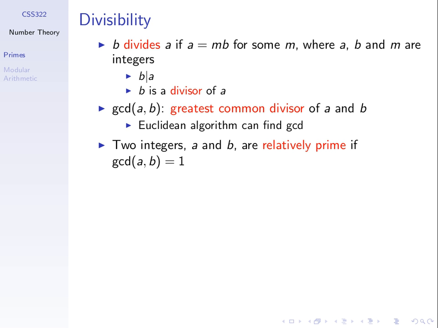Let's stop there. 7 and 1, the greatest common divisor is 1. 7 and 2, greatest common divisor is 1. 7 and 5, 1. So all numbers less than 7 are relatively prime with 7.